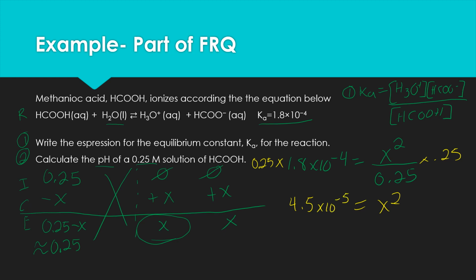And then we want to square root both sides to get rid of that square. Square root that answer, and we get 6.7 times 10 to the negative 3.